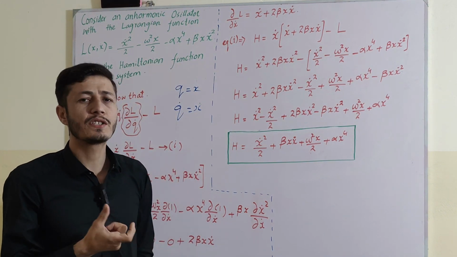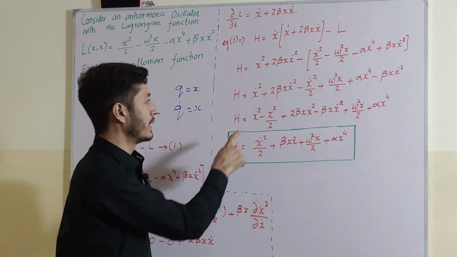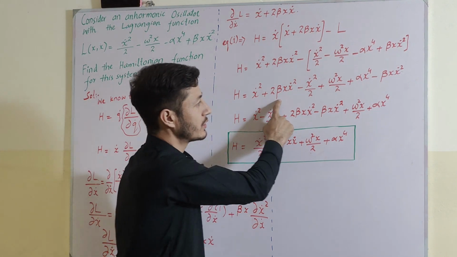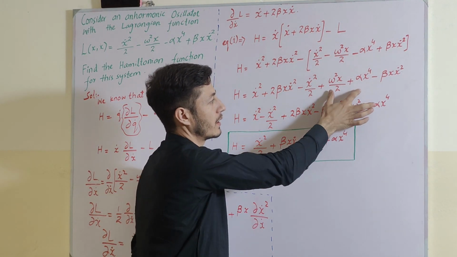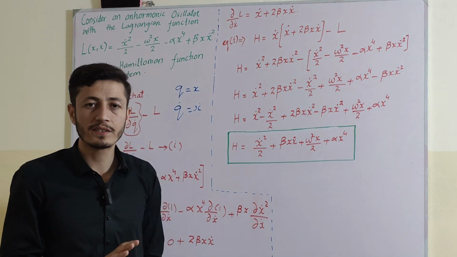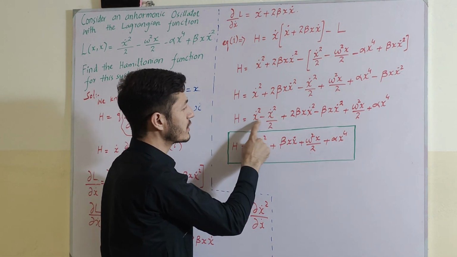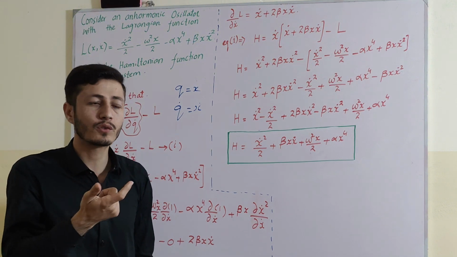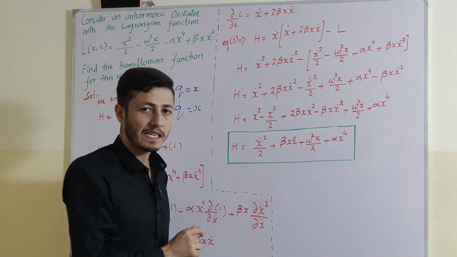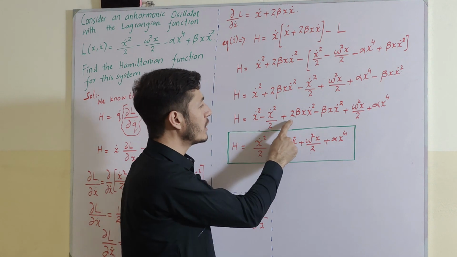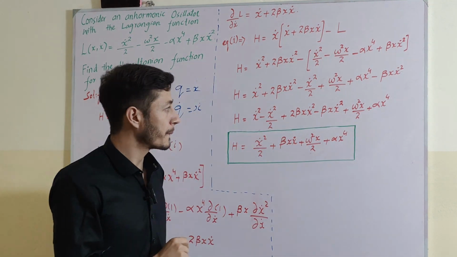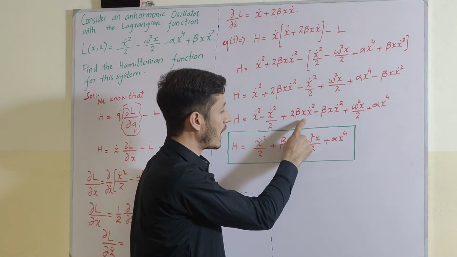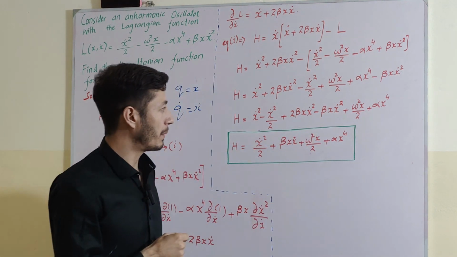Now we have to arrange the equation for the same terms. These two are the same terms and these two are the same terms, and we write the remaining two terms as they are. Now by arranging this, it gives us 1 minus 1 by 2, which is 1 by 2 of x dot square, so it gives us x dot square by 2. And here the 2 beta x x dot square terms are common.